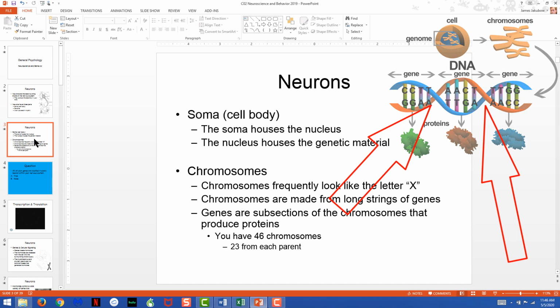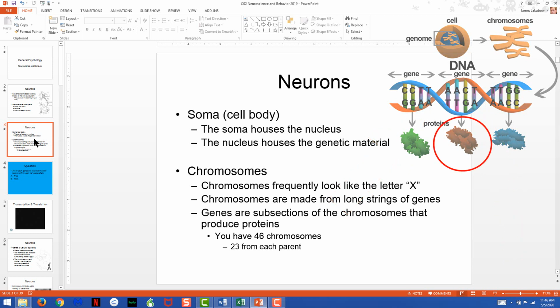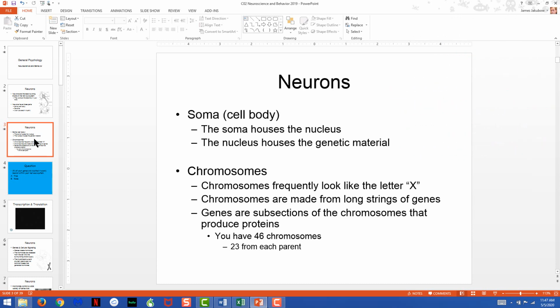You'll pull the information from one particular gene off and then use that to start making copies of proteins that will generate those particular cells or whatever function is actually going to be generated from that DNA.